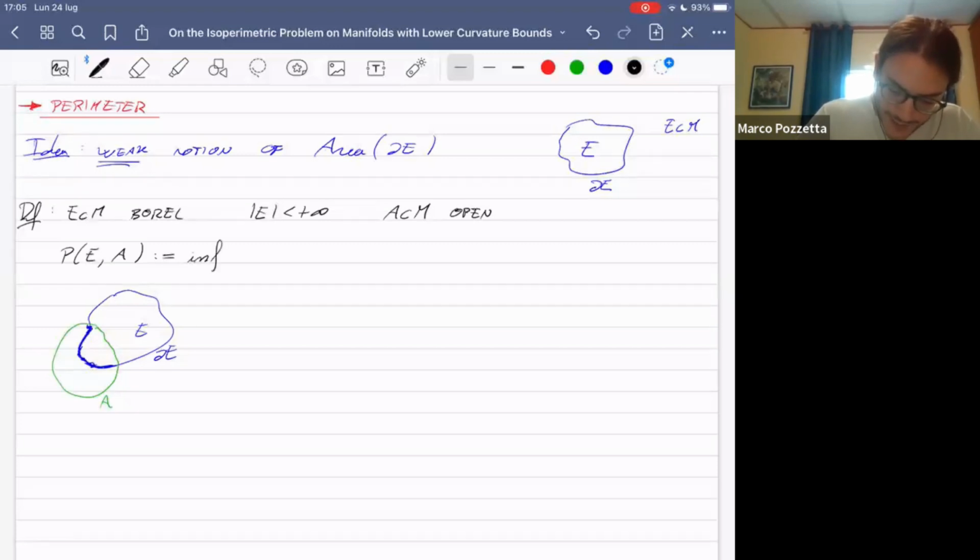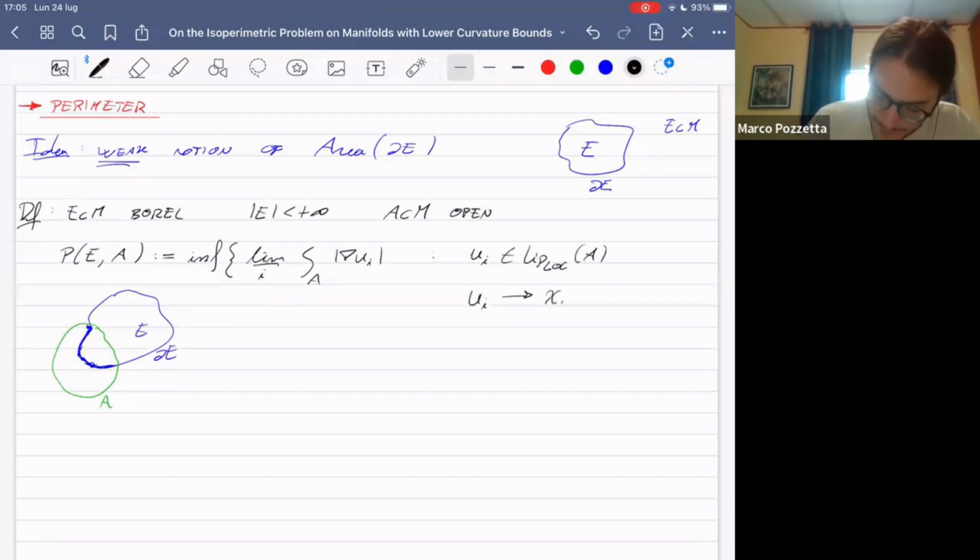It is the following. I take the infimum of the lim inf over i of the integral over A of the gradient of u_i, with respect to the measure, among all sequences u_i of locally Lipschitz functions over A converging to the characteristic function of E in L^1_loc over A.